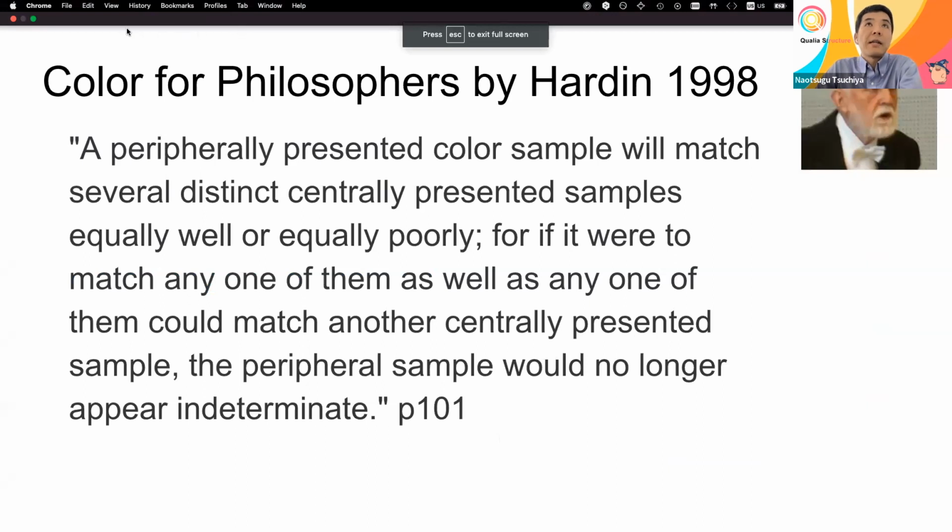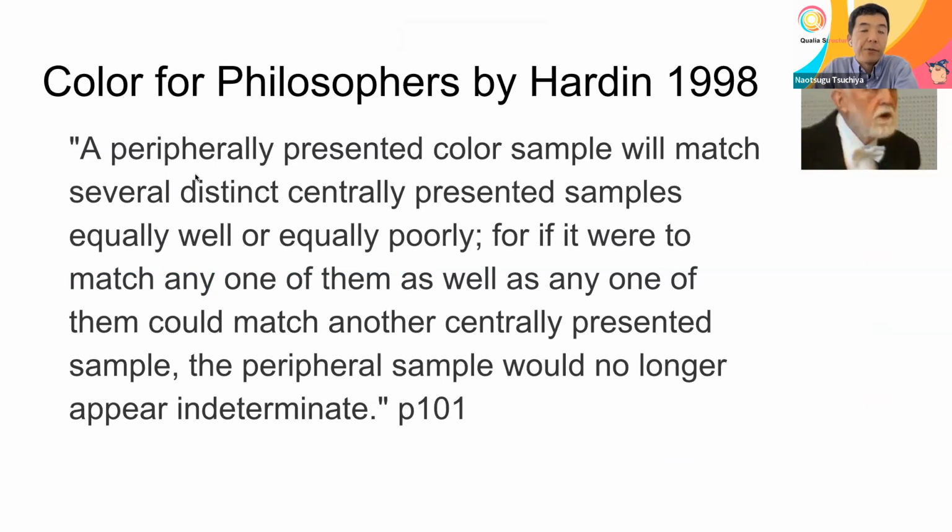And this is another color philosopher who is quite prominent in this field. He says that a peripherally presented color sample will match several distinct centrally presented samples equally well or equally poorly.